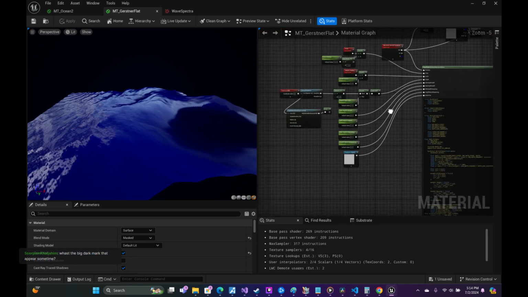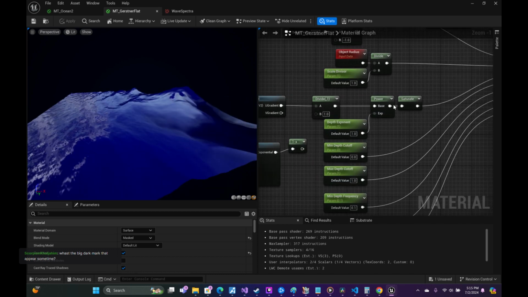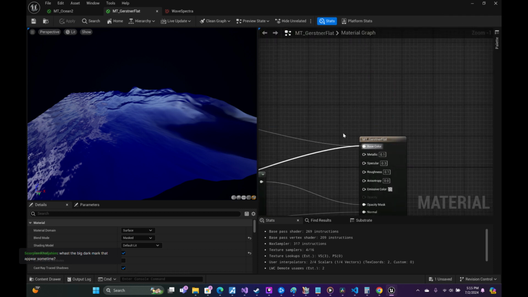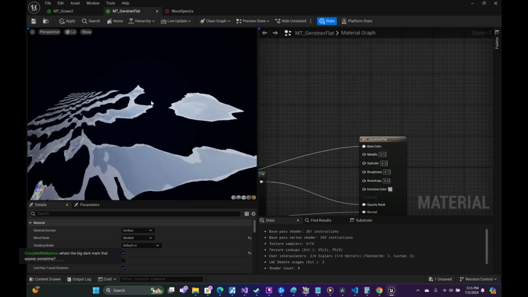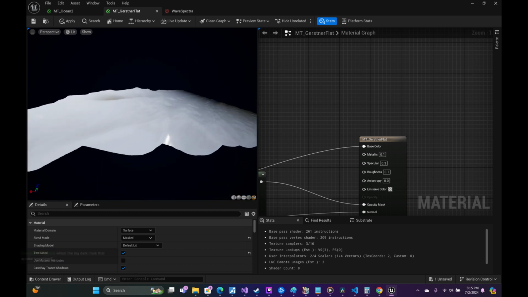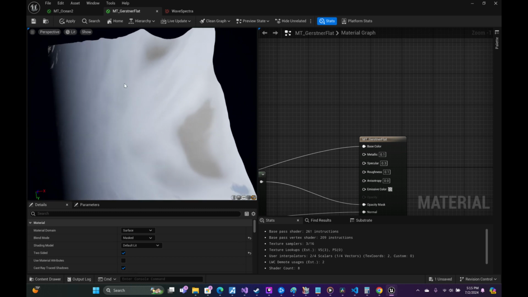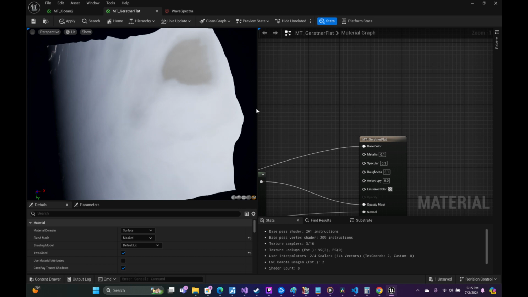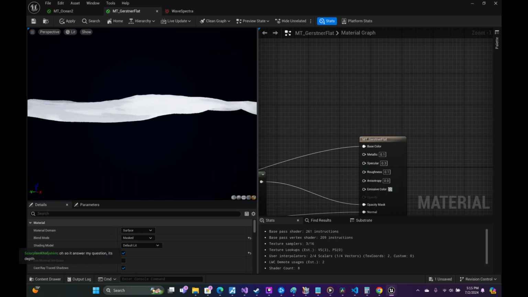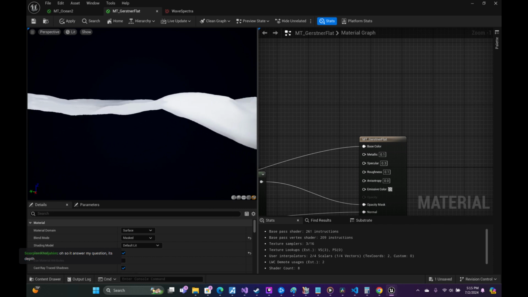Right now, for instance, we're just faking the depth with this. If I plug this into color, you'll be able to see what I'm talking about. This is our depth value, and it's normalized, but we have this generated on our mesh as well. As we get deeper, we have bigger, more tumultuous waves, like deep ocean waves.